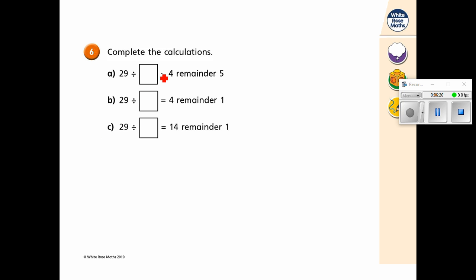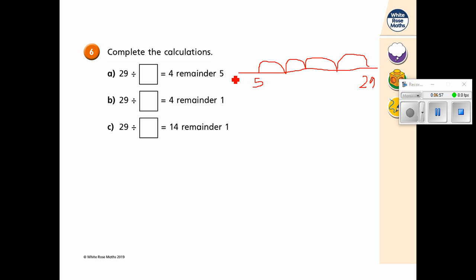Complete the calculations. Right, 29 divided by what is 4 remainder 5? Well, I'm not going to draw the whole number line, but we've got 29 here, and then we've got 4 humps, 1, 2, 3, 4, and this takes us down to 5.